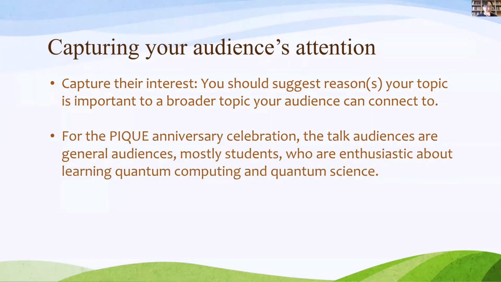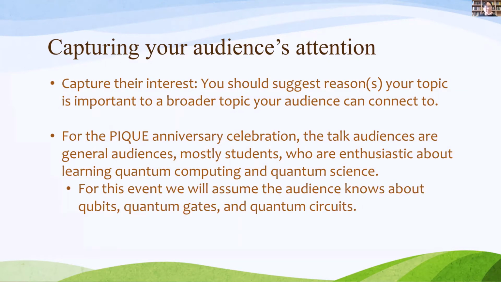For example, for the PEAK anniversary celebration, the talk audience, I would say, is quite general, and many of them are students, or we're students, who are enthusiastic about learning quantum computing and quantum science. So for this event, you can assume that the audience knows about qubits, quantum gates, and quantum circuits.